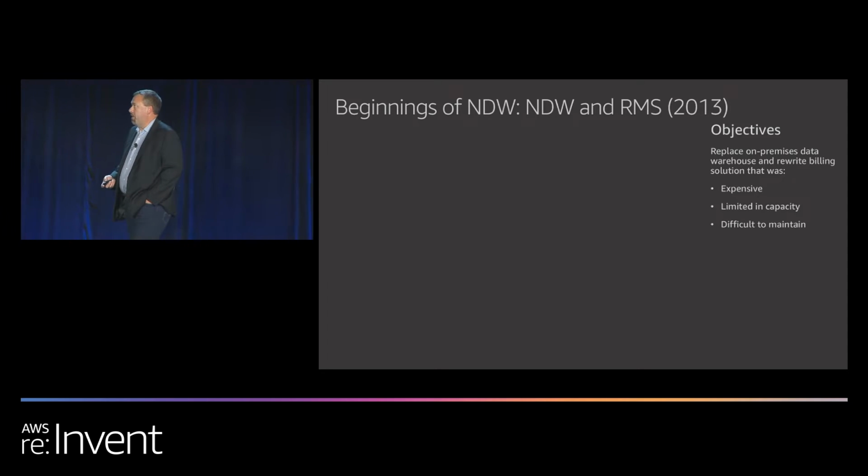So before we start talking about some of the issues that we've seen with this data warehouse, I thought we would just take a short step back in time and review how we got to where we are today. In 2013, Nasdaq embarked on a project called the RMS Project, or the Revenue Management System.